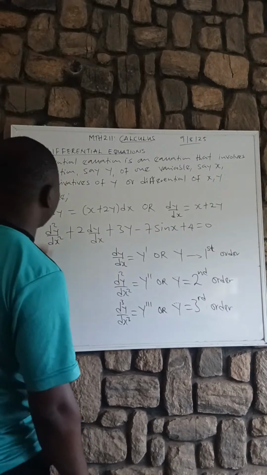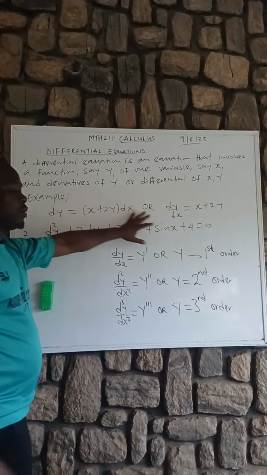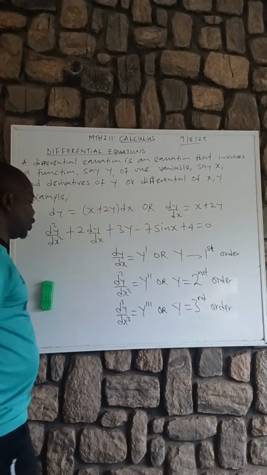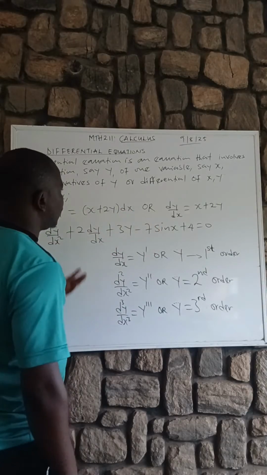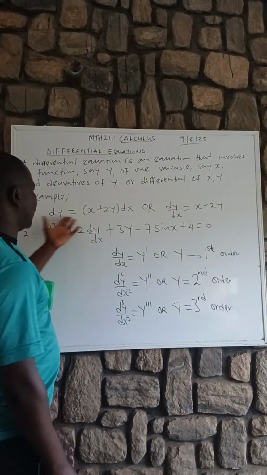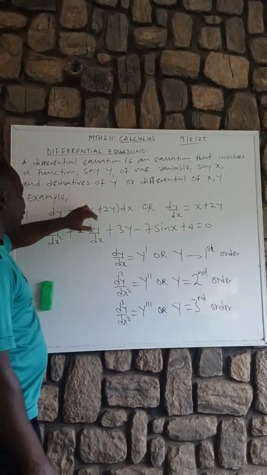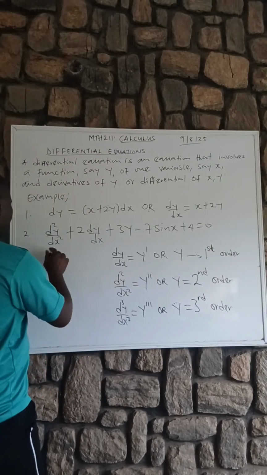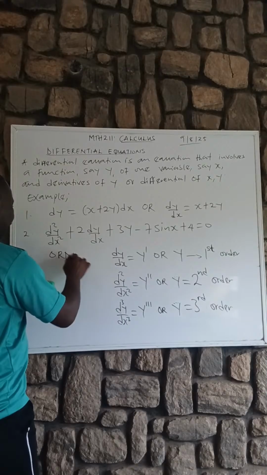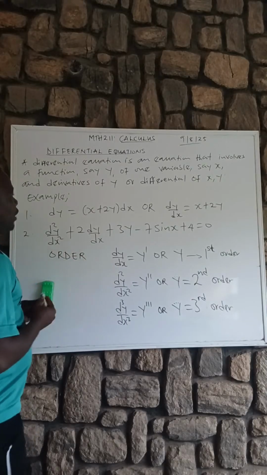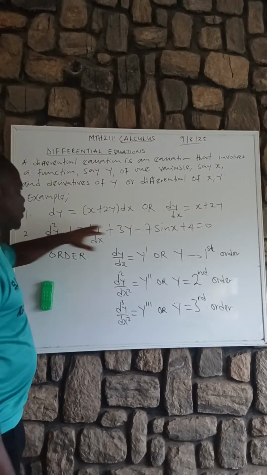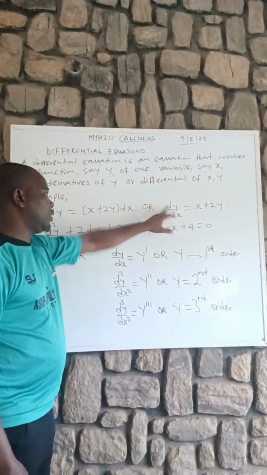So these are examples of a differential equation. Let us know the order of this differential equation. The order of the first one is first order.